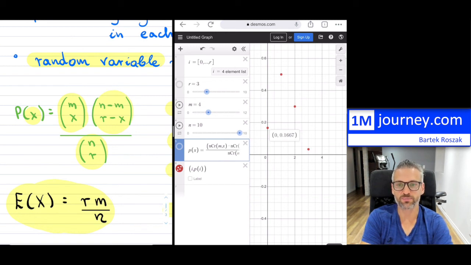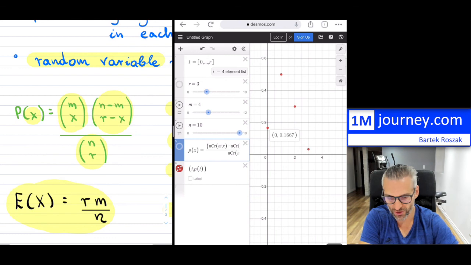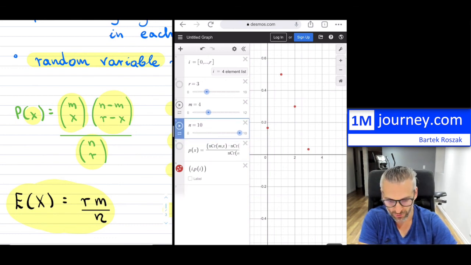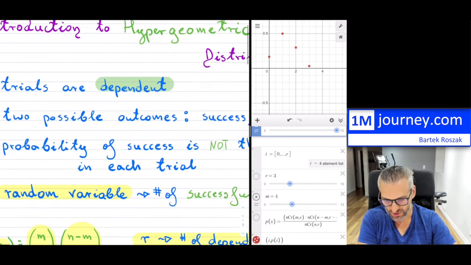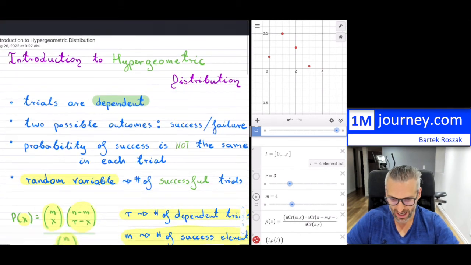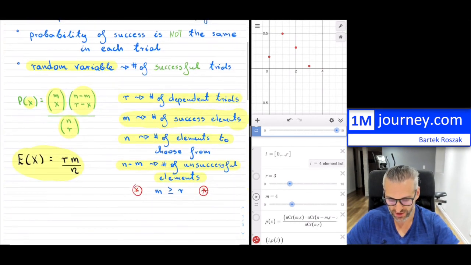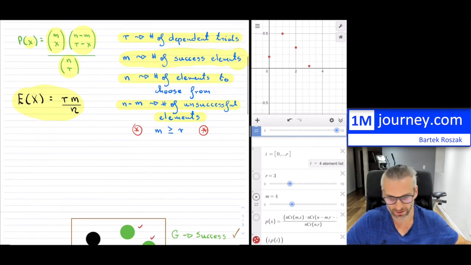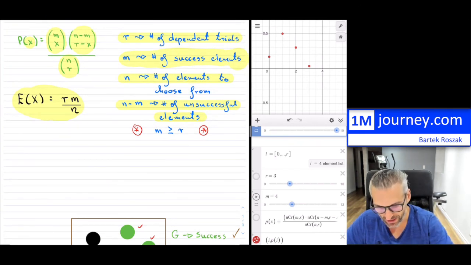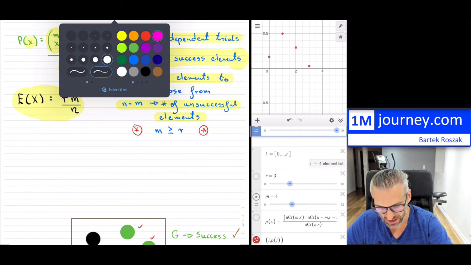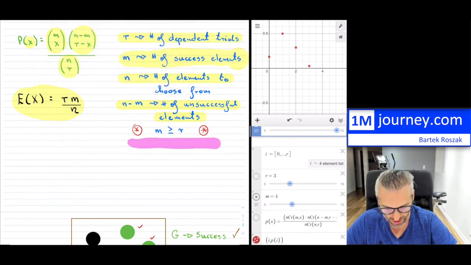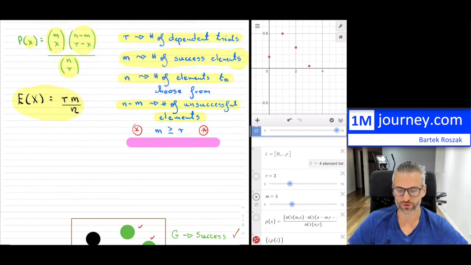Now, the interesting part, and this is what you should notice, I didn't really point this out, but if I go back, let me zoom out in here. I said just be careful here with this. I said m is greater or equal to r.